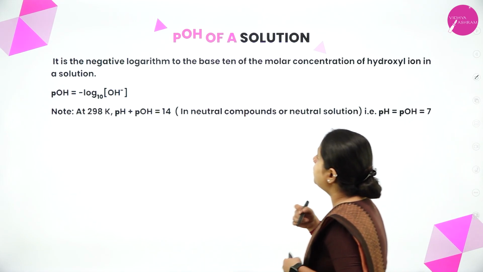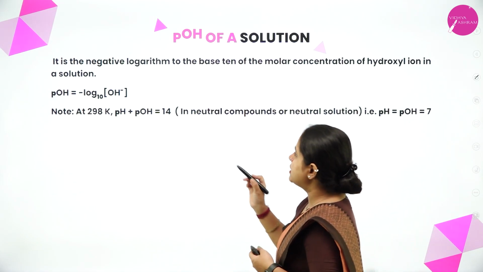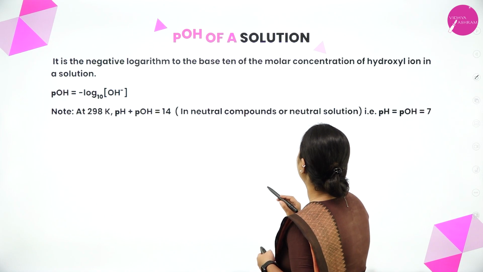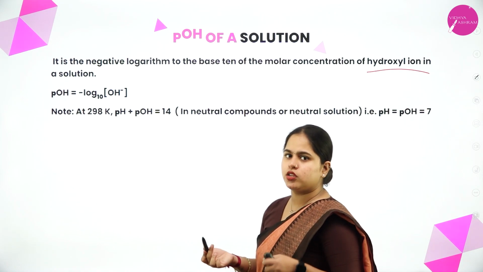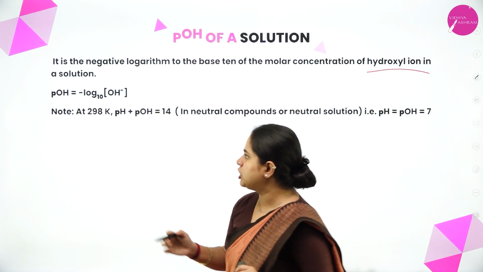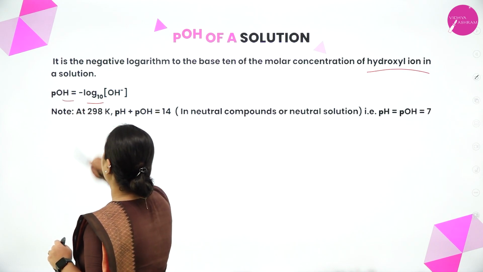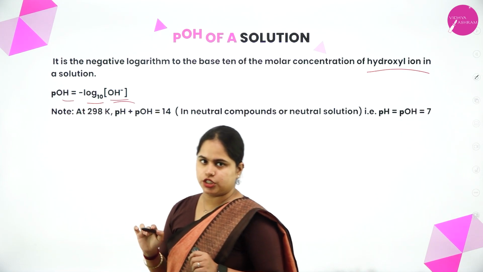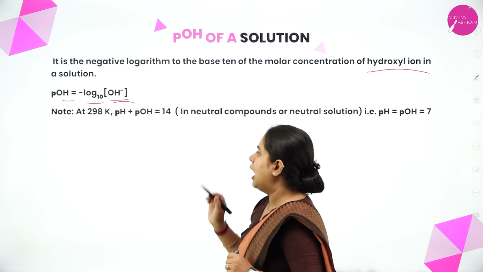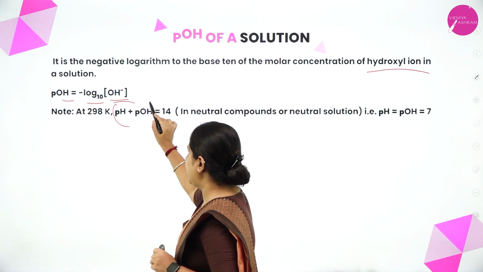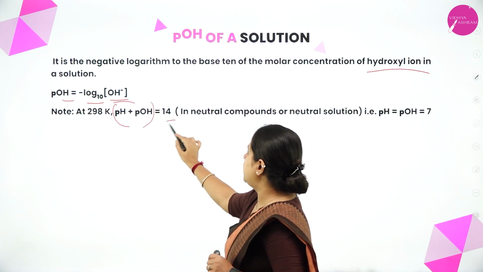Now, what is pOH of a solution? It is the negative logarithm to the base 10 of the molar concentration of hydroxyl ion. The same way as pH, pOH will be minus log of the molar concentration of OH minus. At 298 Kelvin, pH plus pOH will be equal to 14.